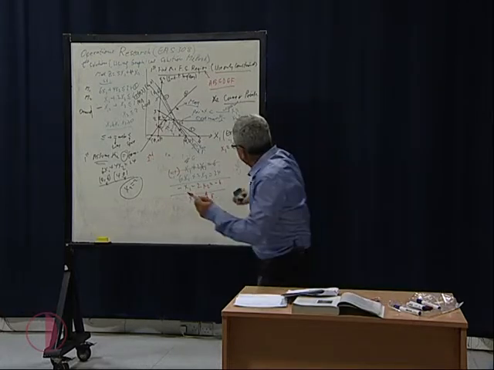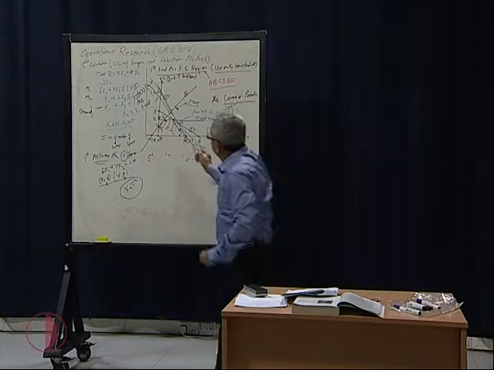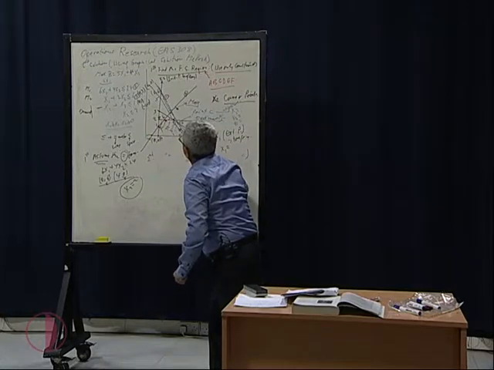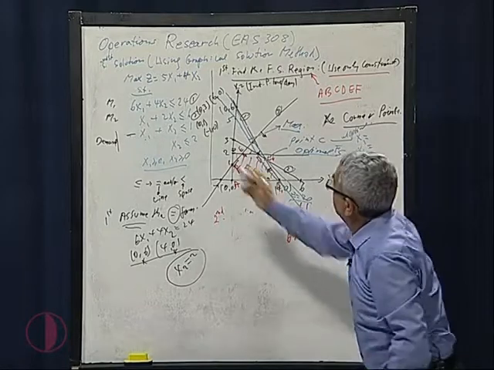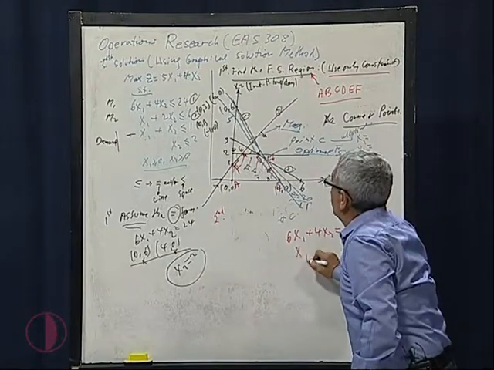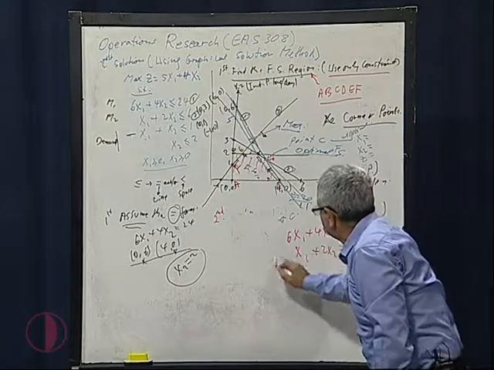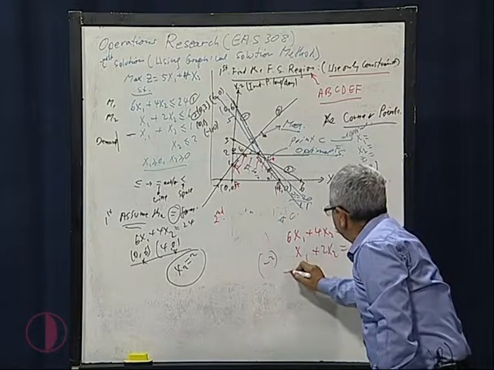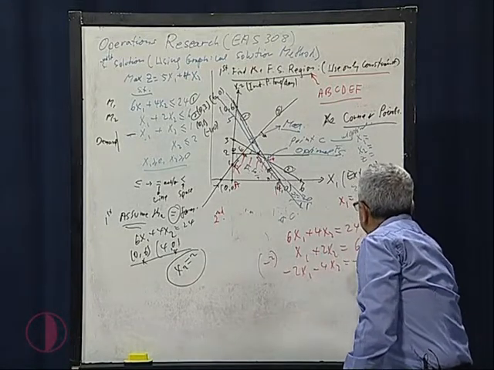Okay, now let's do it together. In the last few minutes we have to do it quickly. This one is 6x1 plus 4x2 equal to 24, and the other is x1 plus 2x2 equal to 6. So we have to multiply this by minus 2, sorry for it, and we get minus 2x1 minus 4x2 equal to minus 12.